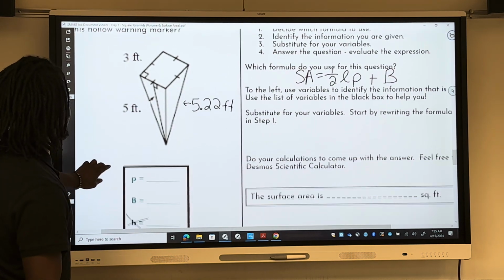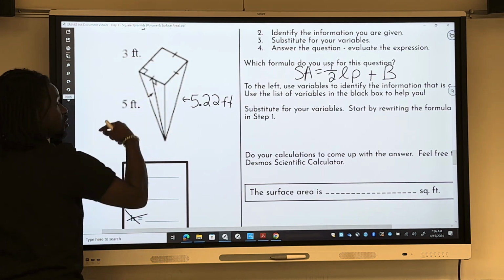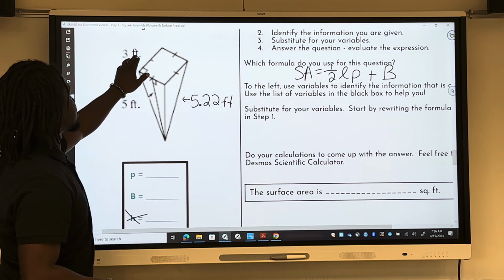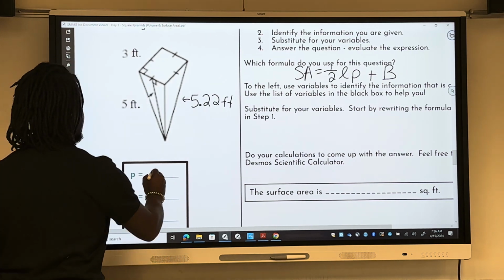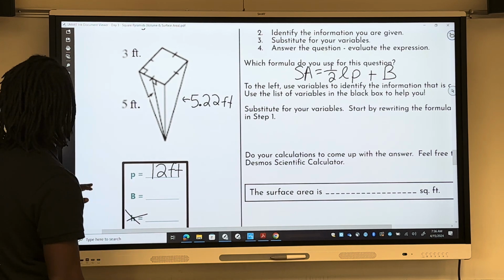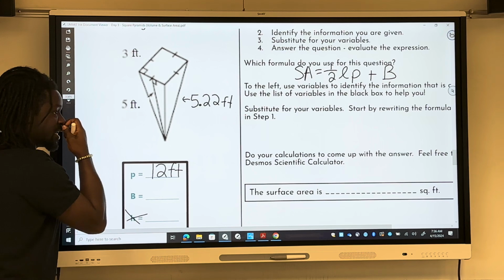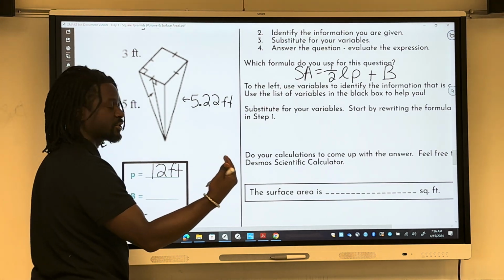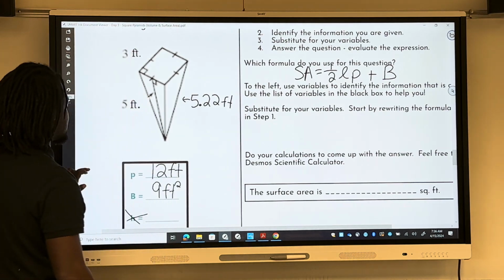So P is the perimeter of the base. 3 is the side, so 3, 3, 3, 3. That is going to give me 12 feet as the perimeter of the base. The area of the base, if the side is 3, then I'm just doing 3 times 3, and that is going to give me 9 feet squared, okay?